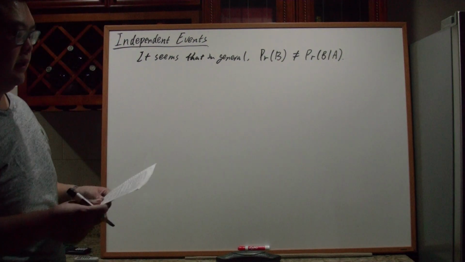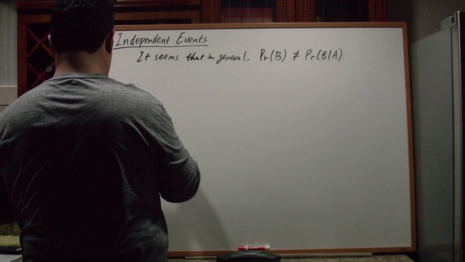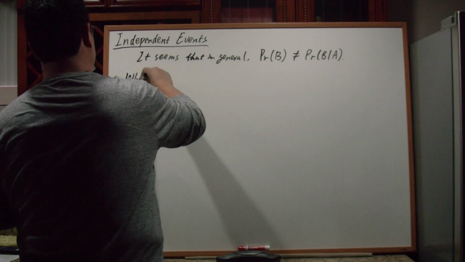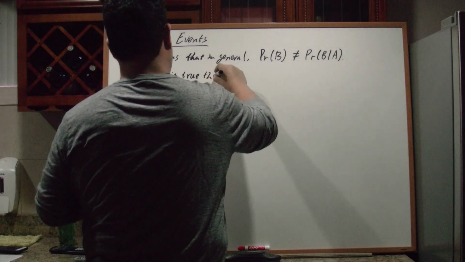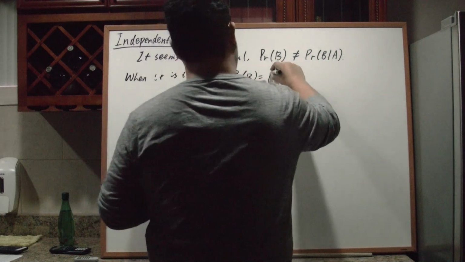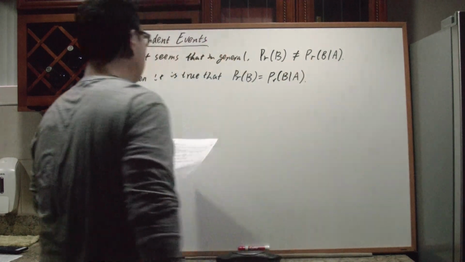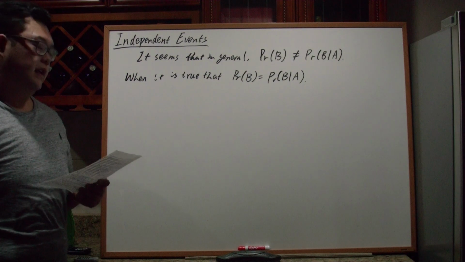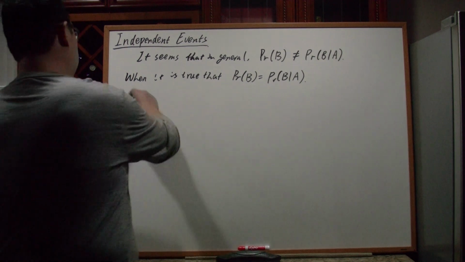But in some cases, the probability of B simply equals the probability of B given A. Right, a couple of cases could happen.